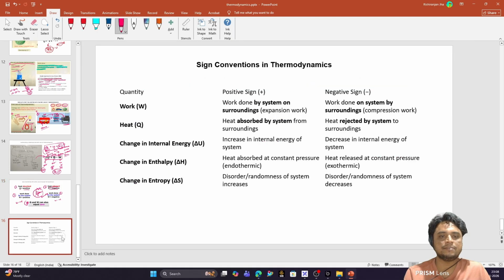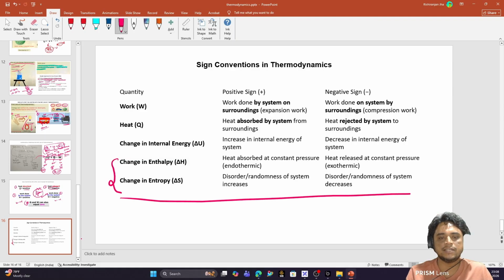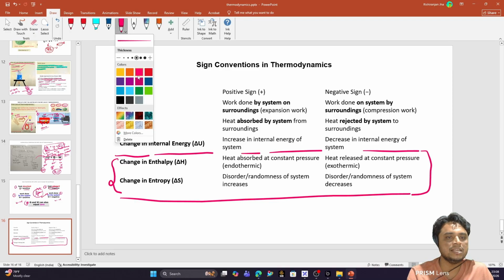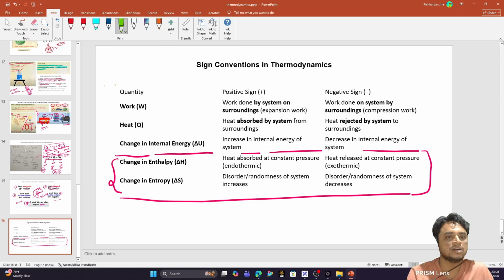Here, I will not teach you the concept of enthalpy. It will be covered in the coming videos. For now, we are only concerned about the work, heat, and change in internal energy.